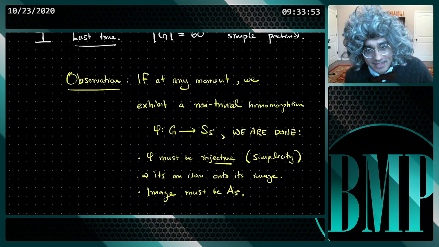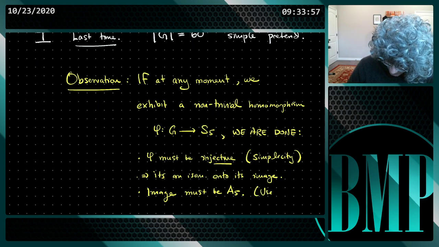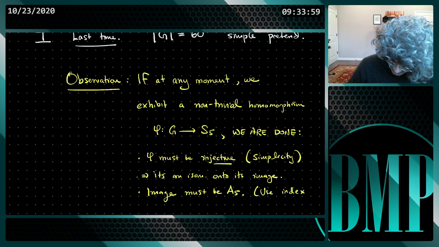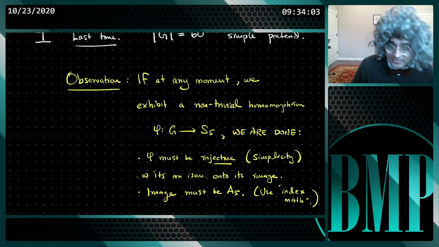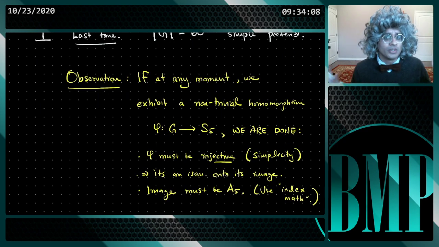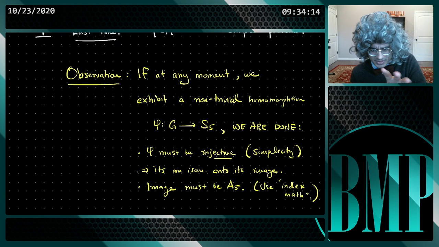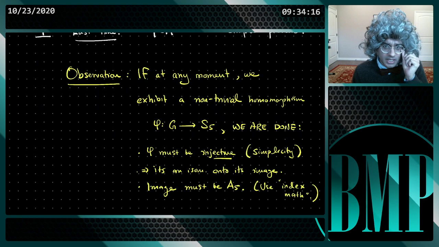That was an exercise, or you just use index math. I think I called it index math. Just use a little bit of index math. A5 is the only subgroup of index 2 in S5. I'm also subtly using, in that index math, the simplicity of A5.